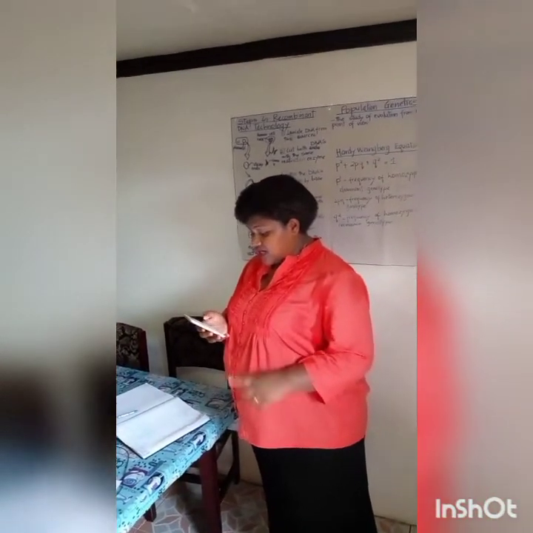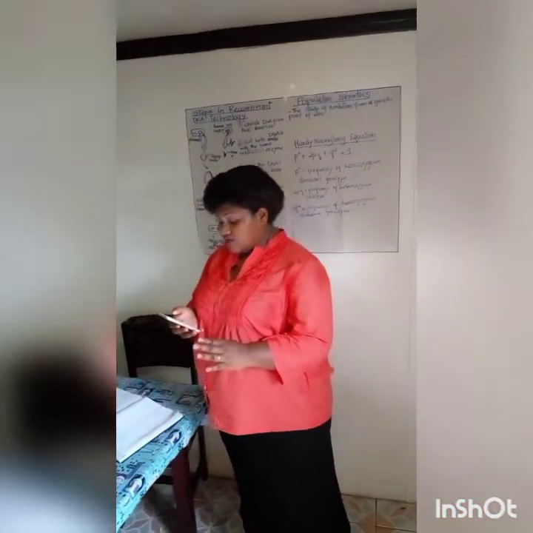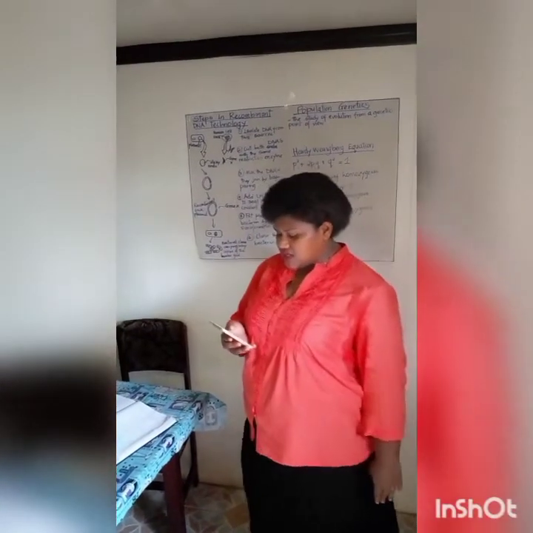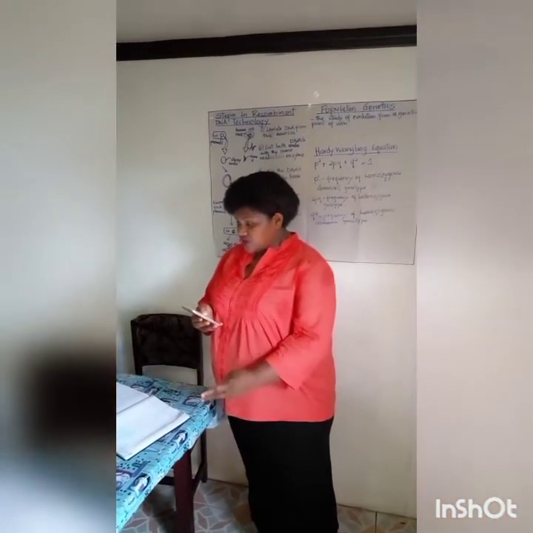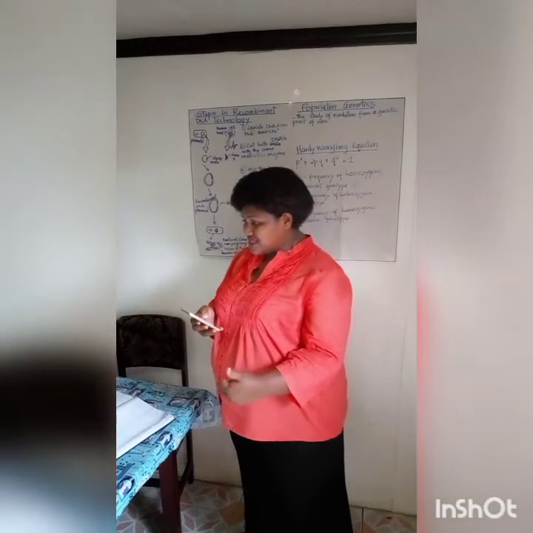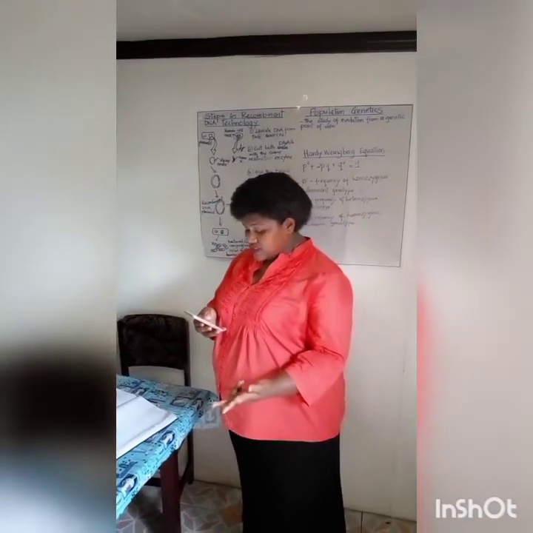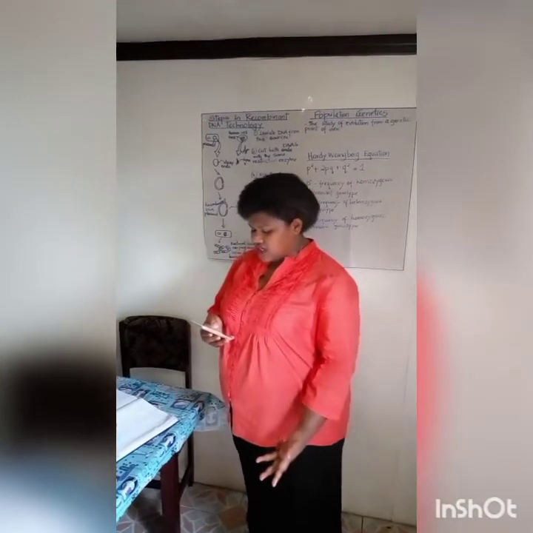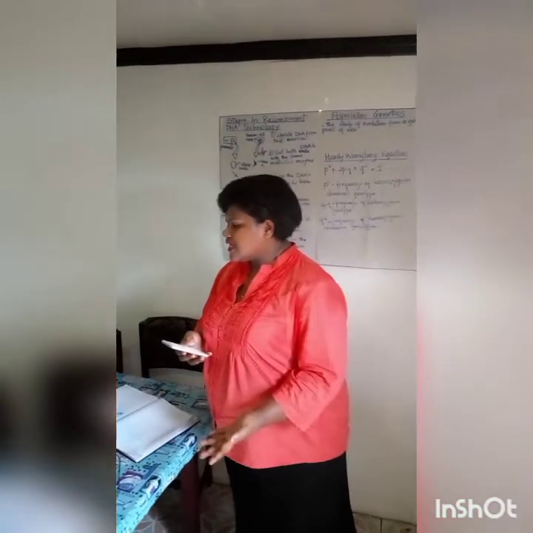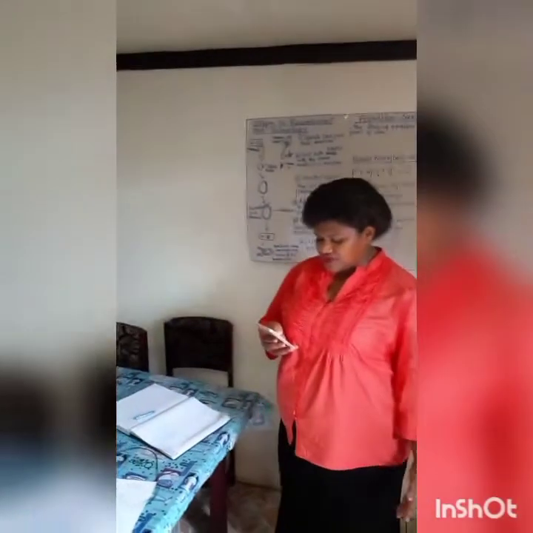The second question is: write 4 advantages of genetically modified organisms. It's a 2 marks question. The answers are insect resistance, high yield, decreased use of pesticides, less deforestation. If you have that answer, mark it right, place 2 marks in that question.